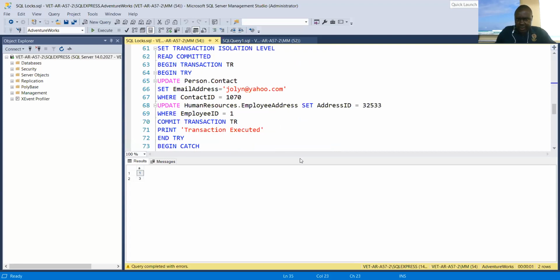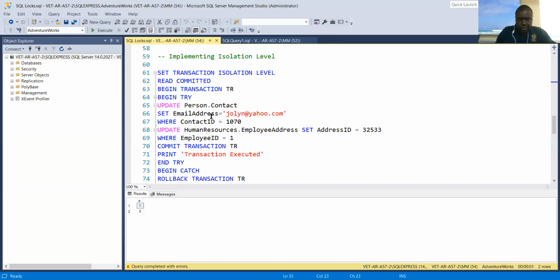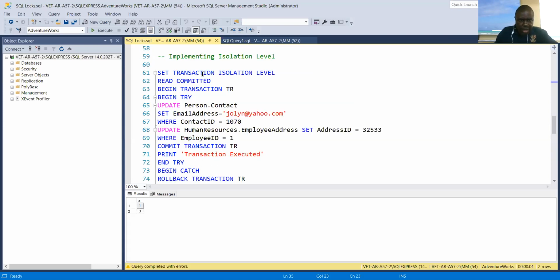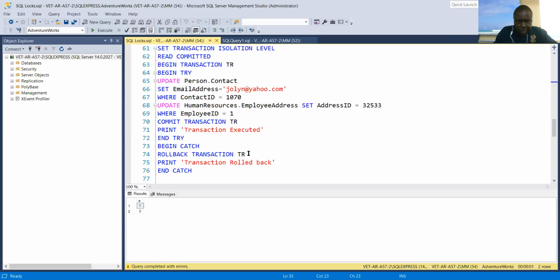So I start by setting the isolation level to read committed and begin the transaction. The employee and so on.